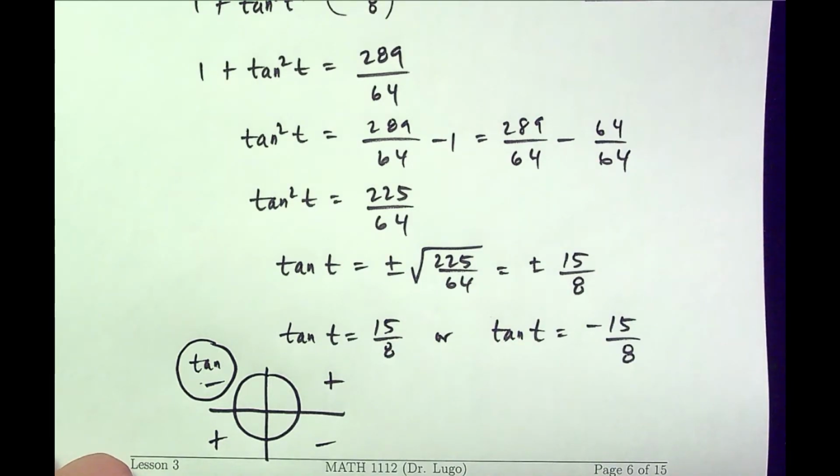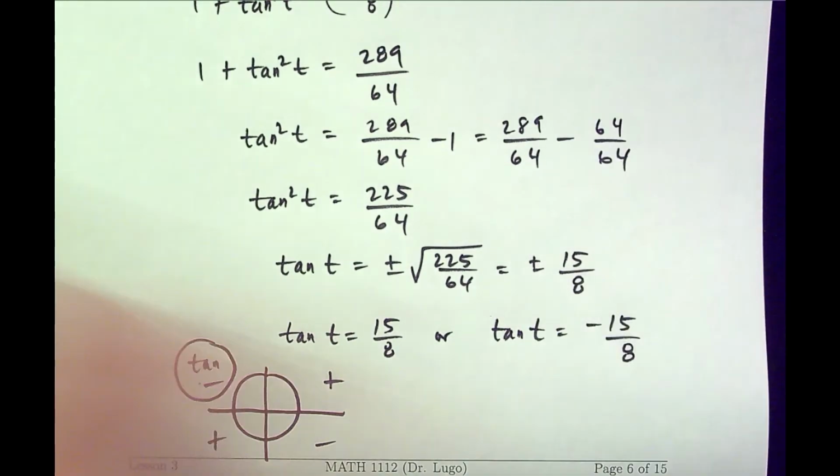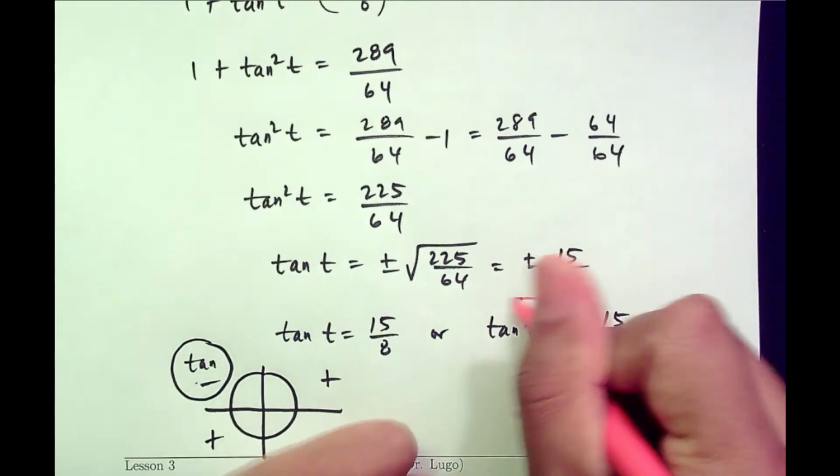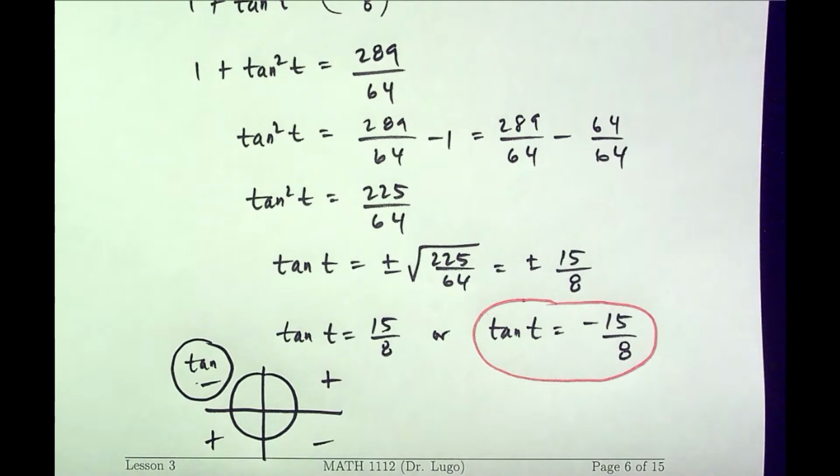So if it is in that quadrant, the tangent is negative, and that means this is the right answer. So the right answer is this. Okay? And that's how you decide that.